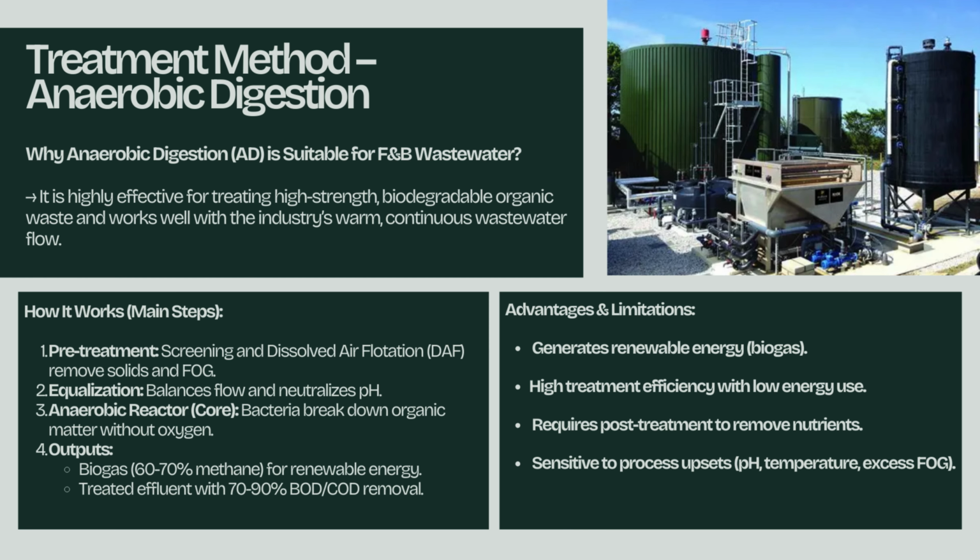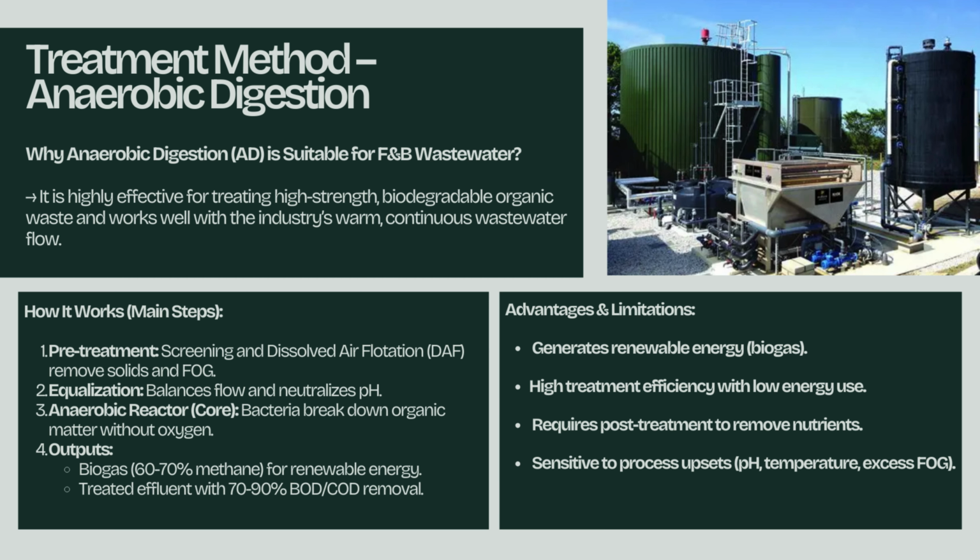Now we move to the treatment method, anaerobic digestion. Why is anaerobic digestion, AD, suitable for F&B wastewater? It is highly effective for treating high-strength biodegradable organic waste and works well with the industry's warm, continuous wastewater flow.